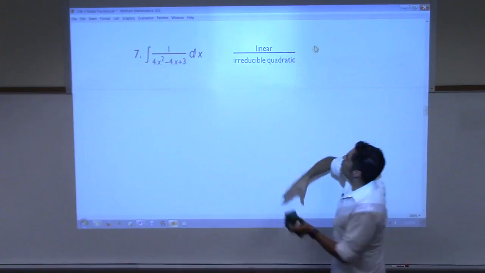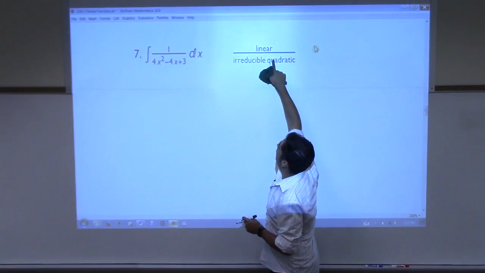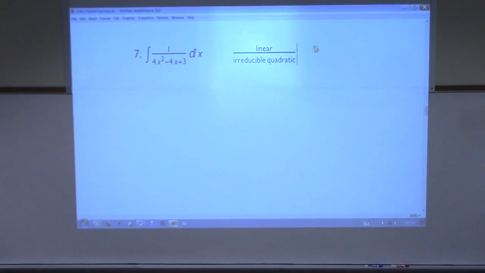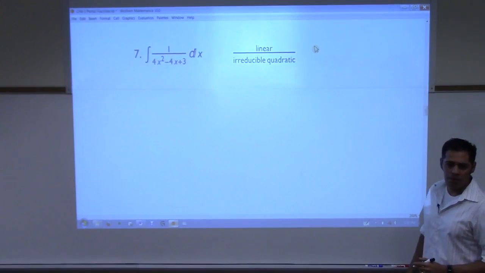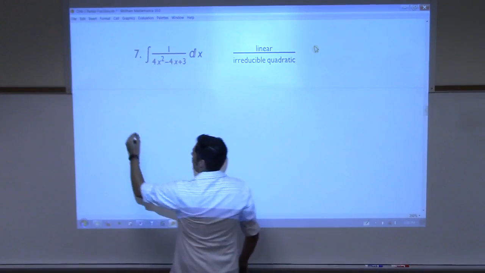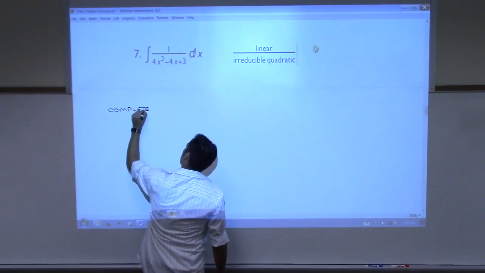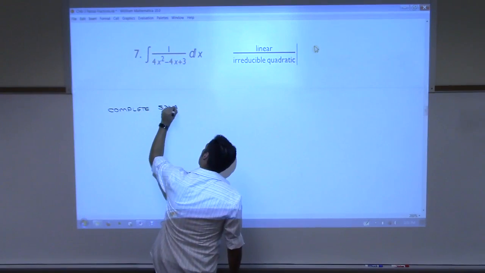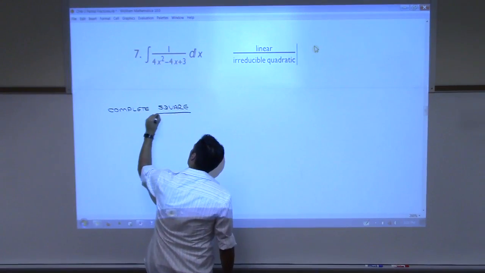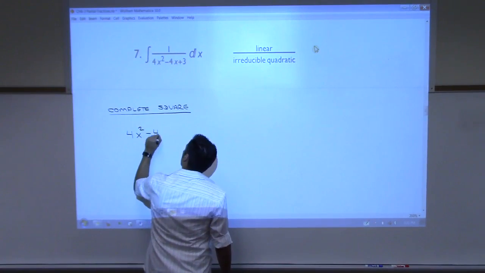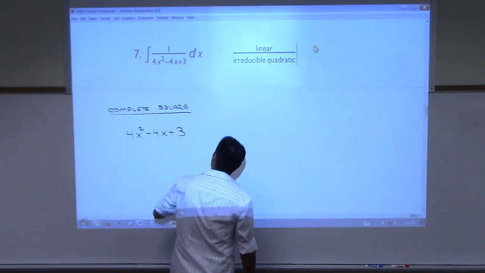Now, I changed the problem, so this is a constant over irreducible, not linear. So the technique for this is to try and complete the square of the denominator first. So I'm going to complete the square. I write down 4x squared minus 4x plus 3.